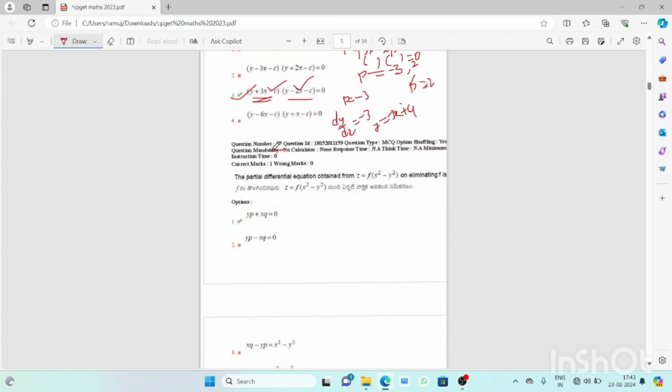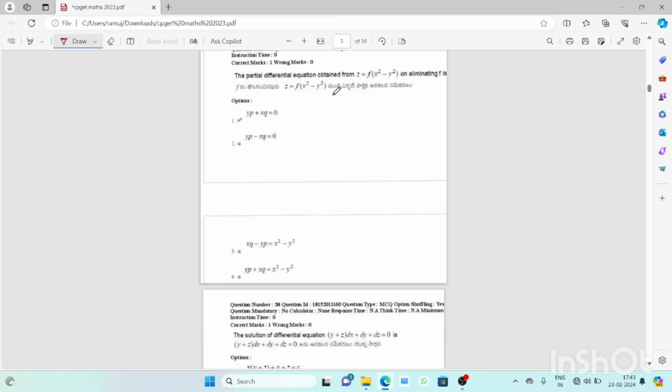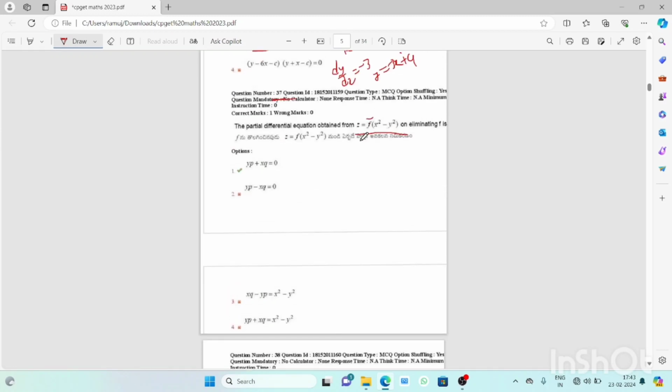The 37th question is: the partial differential equation obtained from z is equal to f of x square minus y square on eliminating f is. So he's asking, if you eliminate the f term, what is the partial differential equation? He already provided the solution. I already told you in my previous lecture, whenever these types of questions come, I will tell you one shortcut trick.